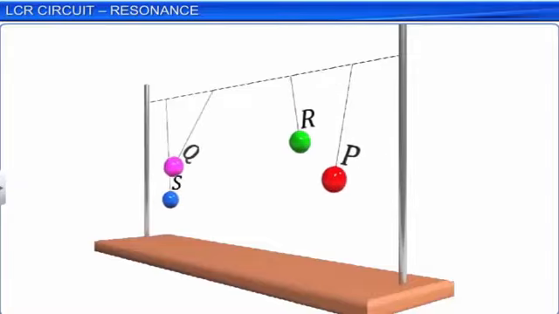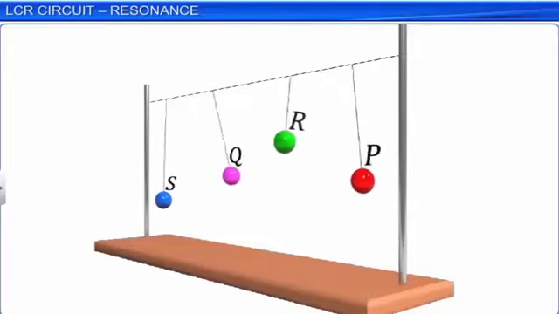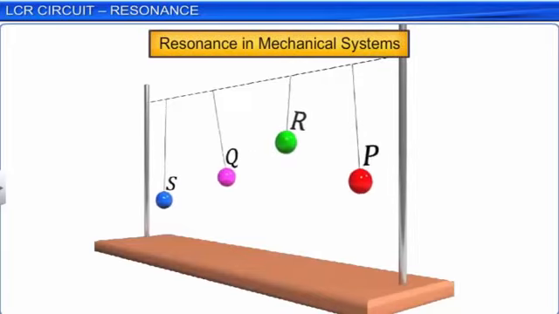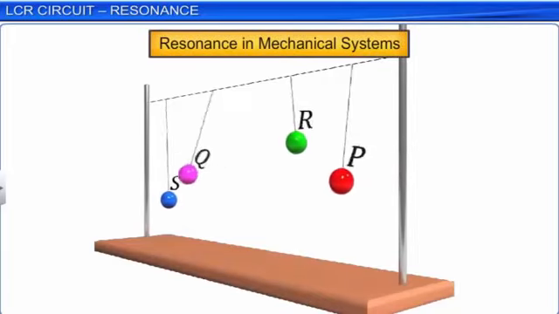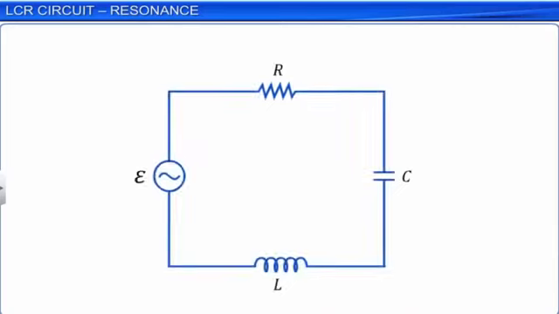This is an example of resonance in mechanical systems. Similarly, the phenomenon of resonance can also be observed in electrical systems. Let us now study the phenomenon of resonance in an LCR series circuit.